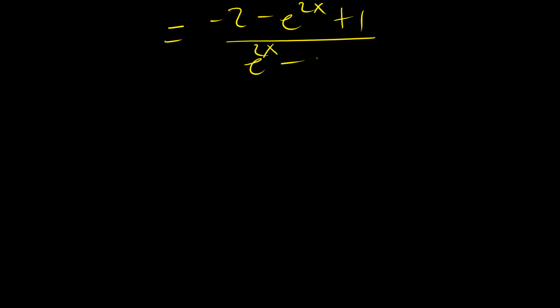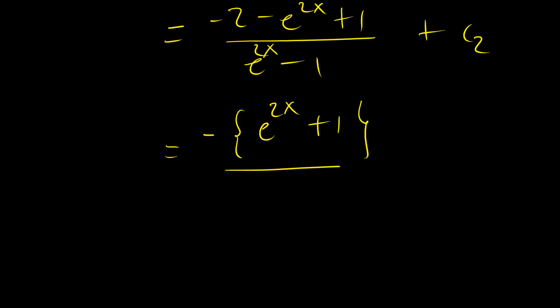Since we do have a negative 2 minus e to the power 2x plus 1 over e to the power 2x minus 1 plus c2, this becomes negative (e to the power 2x plus 1) over (e to the 2x minus 1) plus c2.